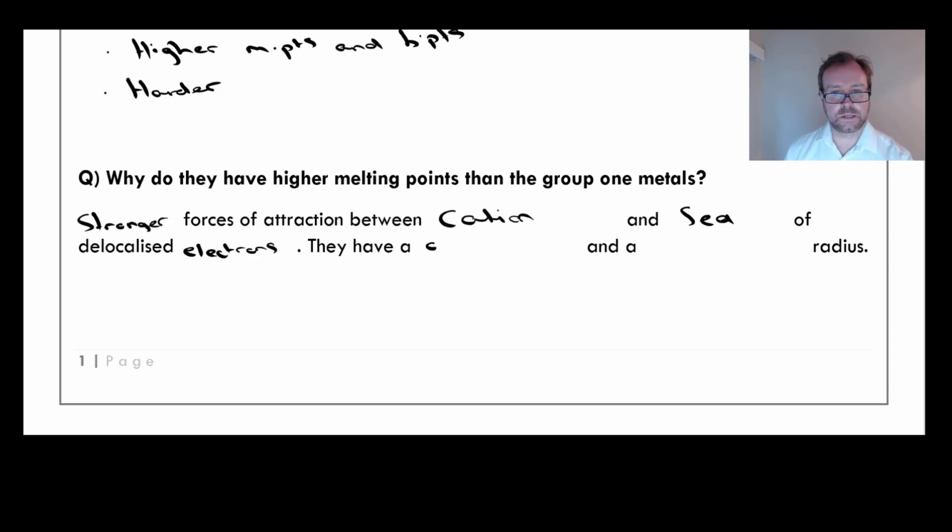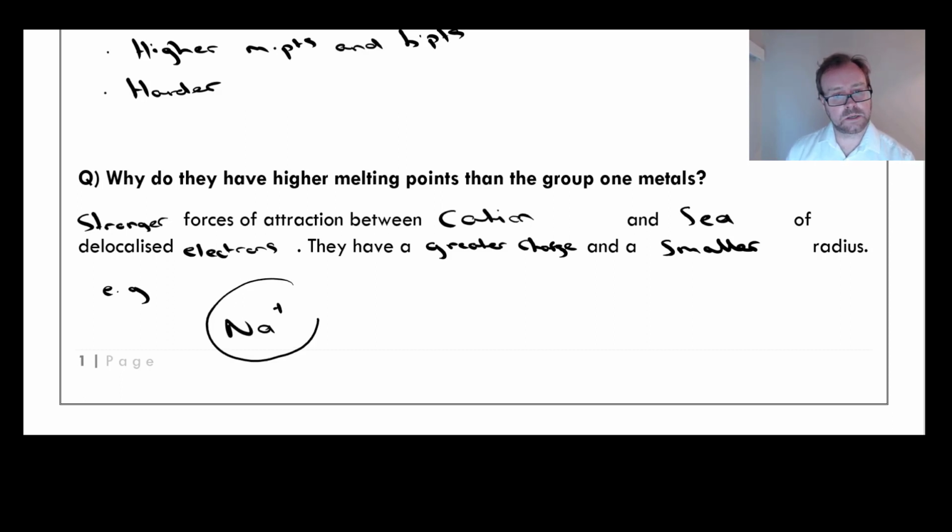They have a greater charge on the cation, and a smaller radius. For example, my sodium cation might look like this, and my Mg2+ might look like this.